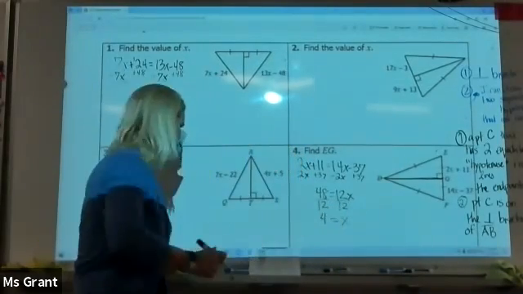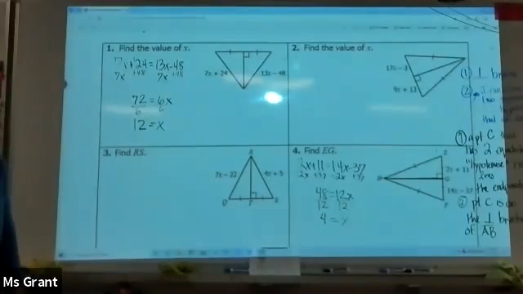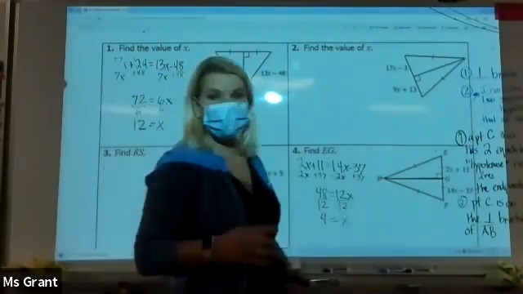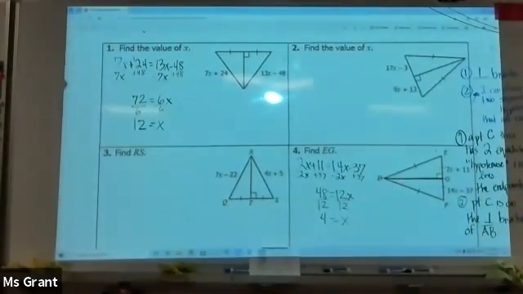X equals 4. This is 2-step equation practice. Look, we're back in algebra 1. Okay? Stay with me because I still have a whole other backside to go through on notes. So I did number 1, I got x equals 12. I did number 4, I got x equals 4.